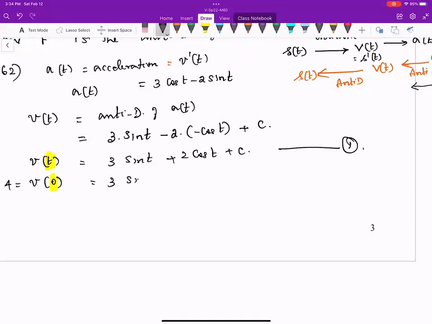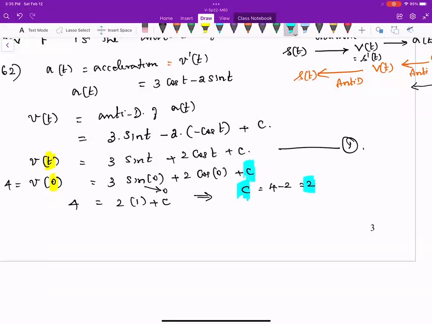So 3 sine of 0 plus 2 cosine of 0 plus c. So sine 0 is 0. So 2 cosine 0 is 1. So plus c. So 2 plus c equal to 4. Or what is c? C equal to 4 minus 2, which is equal to 2. So we got the constant c.